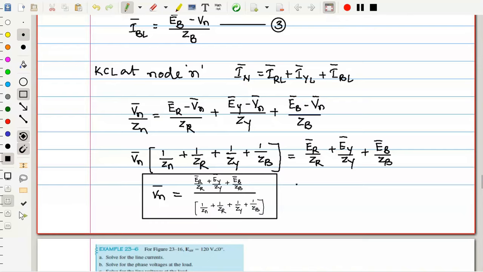So this is a very, very important expression that you should observe carefully. And in this you can see what happens when Zn is equal to 0. When Zn is equal to 0, what happens?